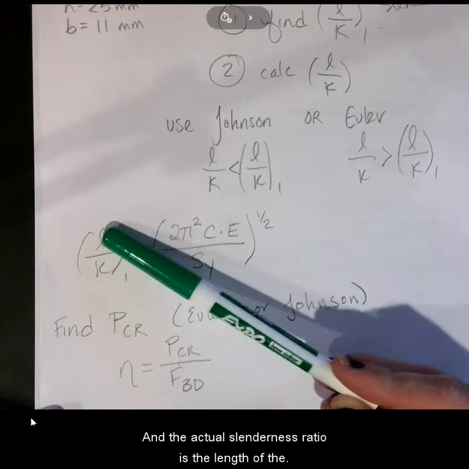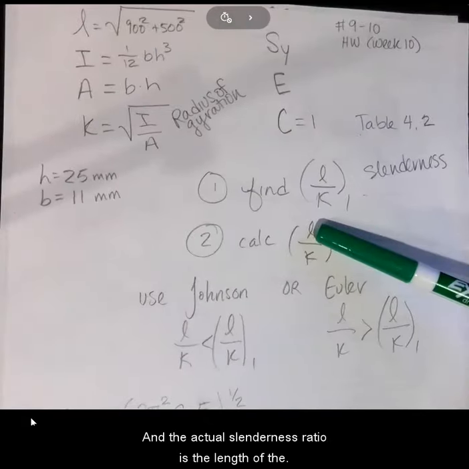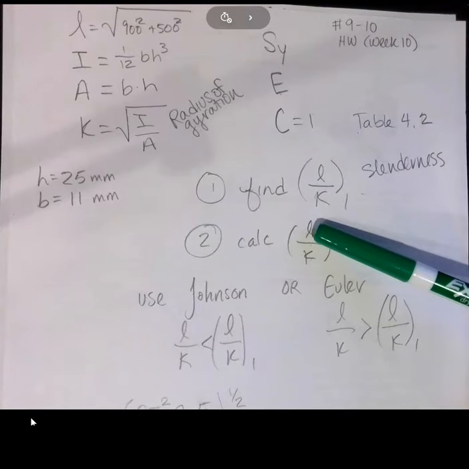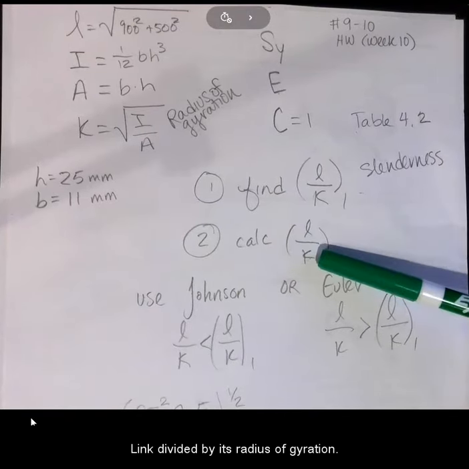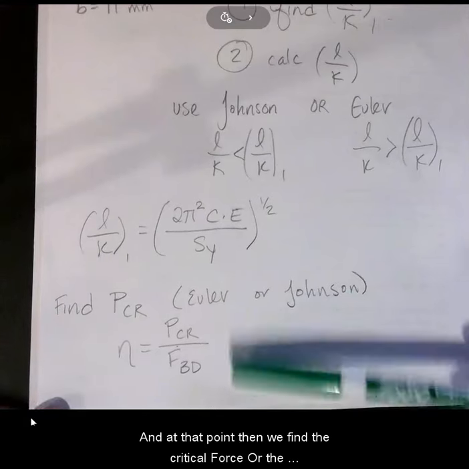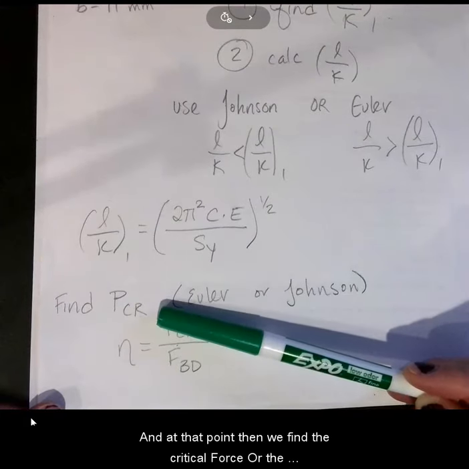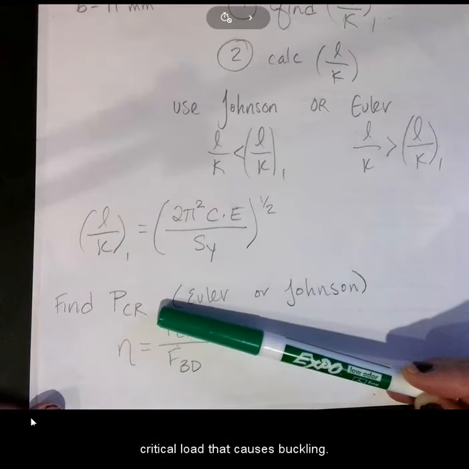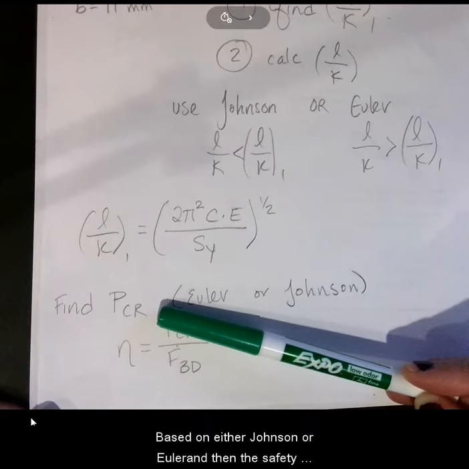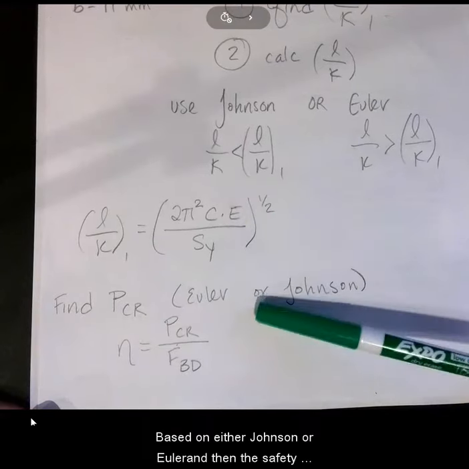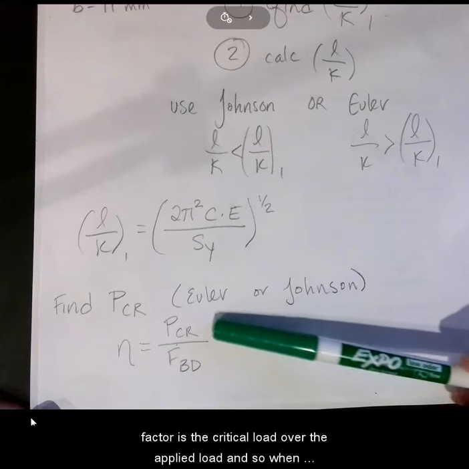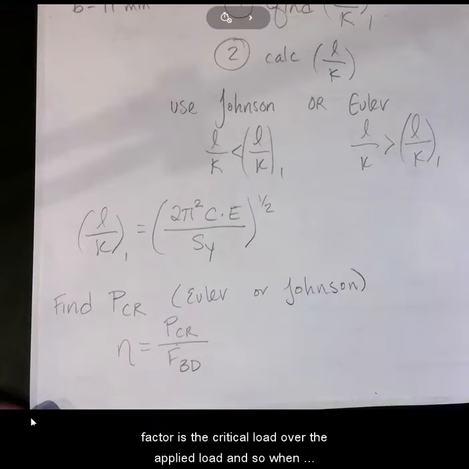The actual slenderness ratio is the length of the link divided by its radius of gyration. At that point, we find the critical load that causes buckling based on either Johnson or Euler, and then the safety factor is the critical load over the applied load.